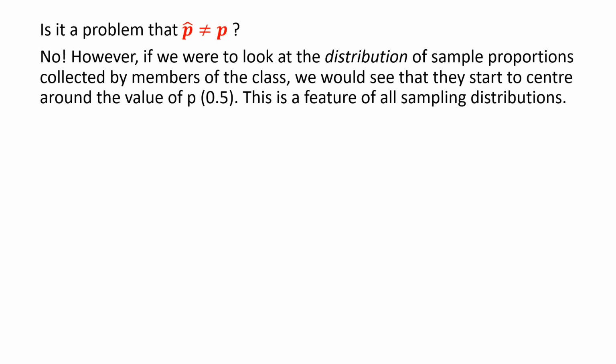The answer is no, because what we do is we get a whole bunch of samples of size 5, and the more and more randomly generated samples of 5 we look at to try to make inferences about the population proportion, the more they'll start to cluster around the actual population proportion P. So we might have a 0.2 and then a 0.6 and then a 0.8 and then a 0.4, and the more we get, you'll see there'll be a pattern forming.